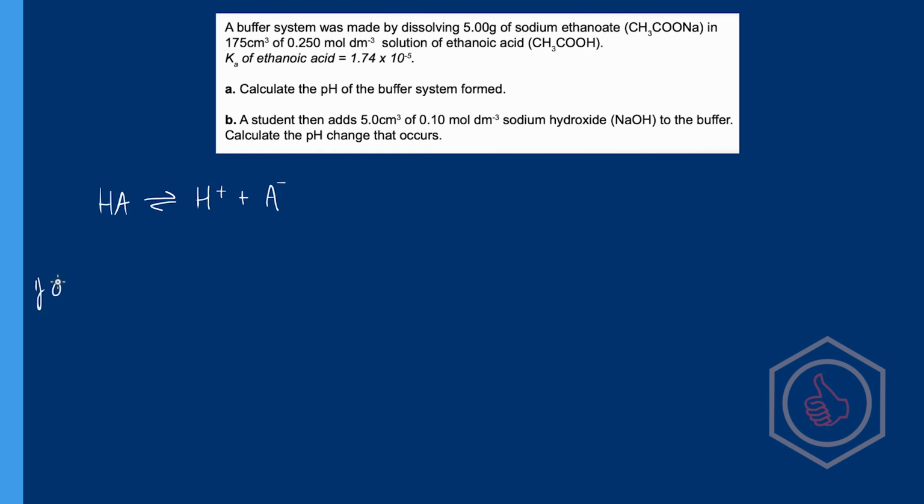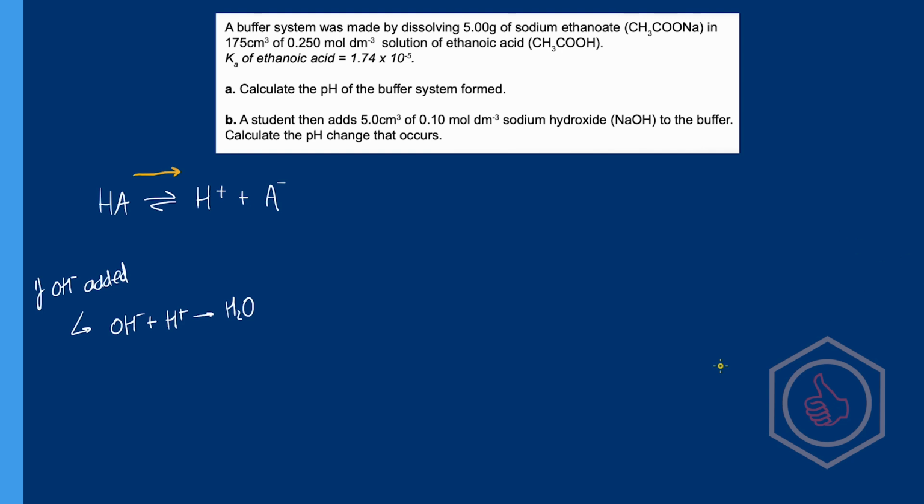Now, if OH minus ions are added to this system, they will combine with H plus ions, forming water. So OH minus plus H plus goes to form H2O. Now, in response to this, the position of equilibrium for the HA dissociation will shift to the right. More HA will dissociate, replacing the H plus ions that have reacted with the hydroxide ions.